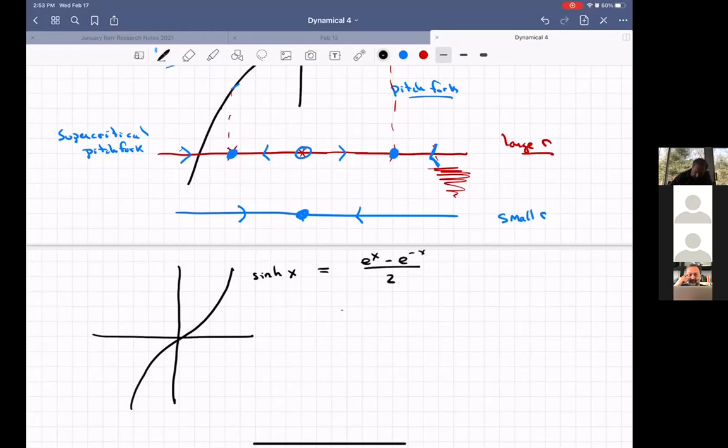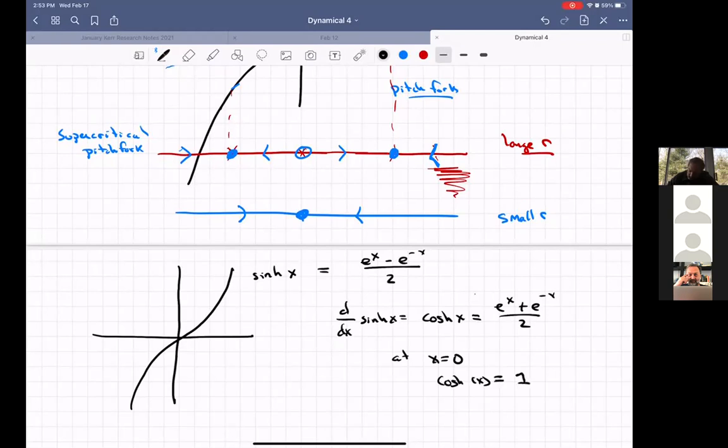All right, so now d by dx of the sinh of x is the cosh of x, which is e to the x plus e to the minus x over 2. And at x equals 0, the cosh of x is 1, right?